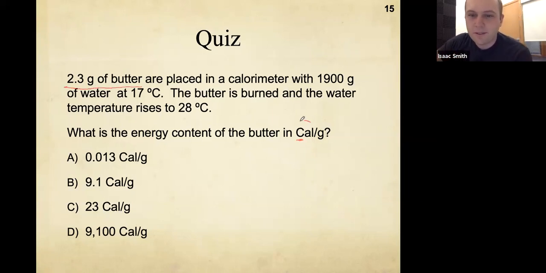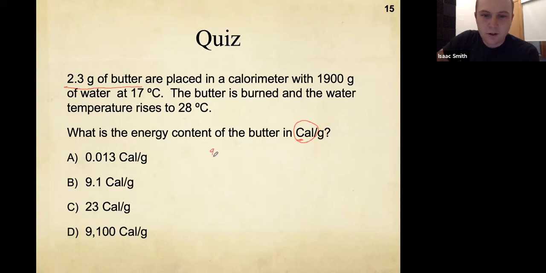But what we do need to figure out is how many calories are in 2.3 grams of butter, right? So again, this is that calorimetry. So if you go back to that visualization, the amount of energy or calories released by burning the butter is going to be the same as the amount of energy that enters the water.